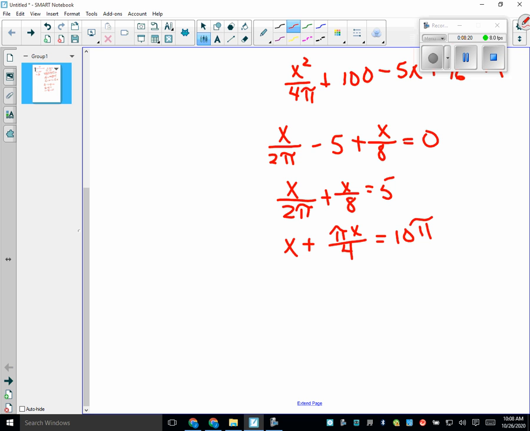I'm going to multiply by 4. So 4x plus pi x equals 40 pi. So x times 4 plus pi equals 40 pi.